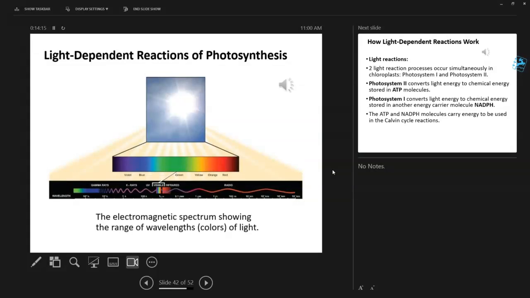If they're short like this, there'll be a whole lot of them hitting me real fast per second as they're moving through space. That's called the wavelength. It's how far it is from the peak of this wave to the peak of this one. And these are measured in kilometers, meters, centimeters, microns, and so on. So the wavelength gets shorter.